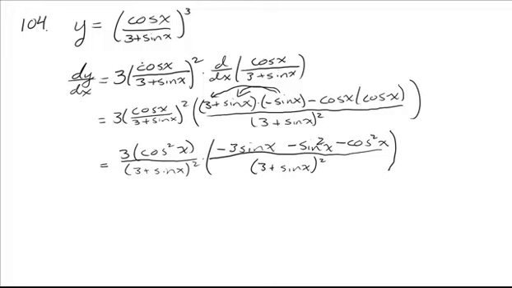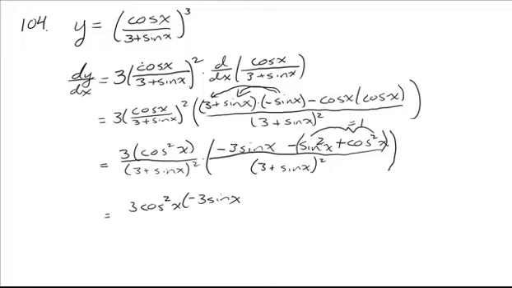And in fact, we do have a Pythagorean identity here because we could factor out the negative. So if I factor out that negative, there's my sine squared plus cosine squared. There's our Pythagorean, which we know is equal to 1. So in the numerator, we have 3 cosine squared x, and then times minus 3 sine x.